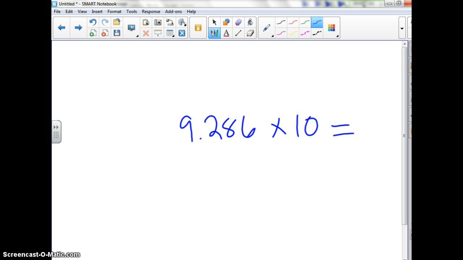So how many spots did you move it though? Honey, you count the zeros. That means you can only move it one. That's what you do. You count how many zeros and then you move it that amount of spots. If there's 1 zero, you move it 1 spot. If there's 2 zeros, you move it 2 spots. If there's 3 zeros, you move it 3 spots. No. Put a dot there.